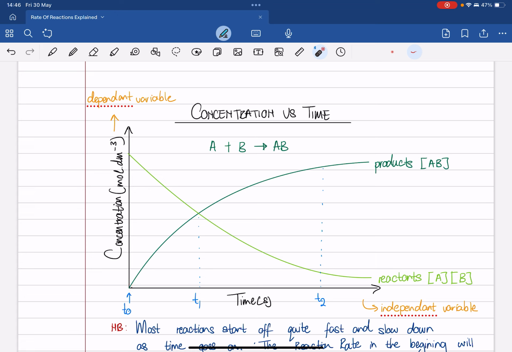As time continues, the reactants are being used up, so they decrease in concentration, while simultaneously the products are being formed, so they increase in concentration. That's essentially what happens when a reaction is happening. And this is what this graph illustrates for us here.